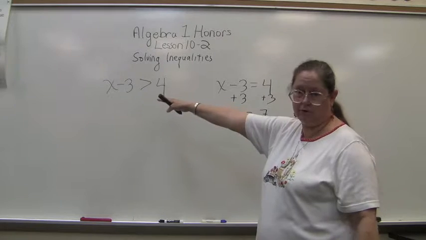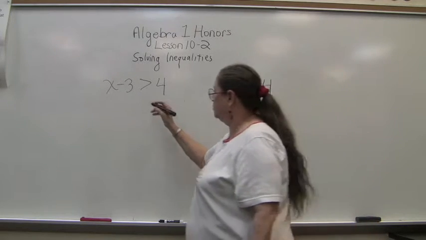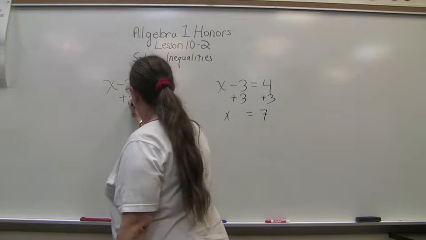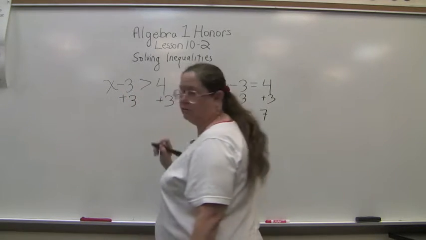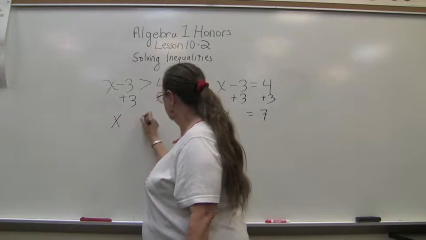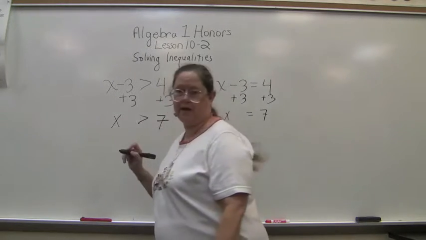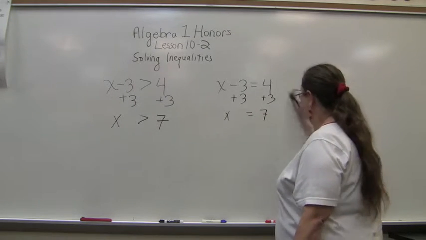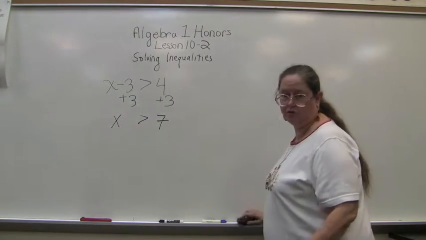So we're going to do the same thing over here to this inequality. We're going to undo the subtraction of 3 by adding 3 to both sides, and we get x is greater than 7. Now, we should check that.